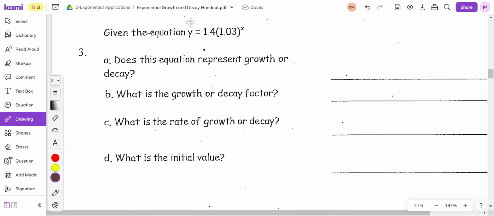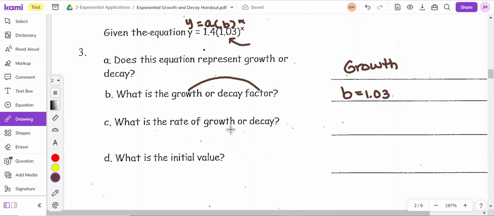All right, with this equation, it is really easy to tell who is A and who is B. Looking at 1.03, greater than 1, growth. The base is the growth factor in this case, so B equals 1.03.